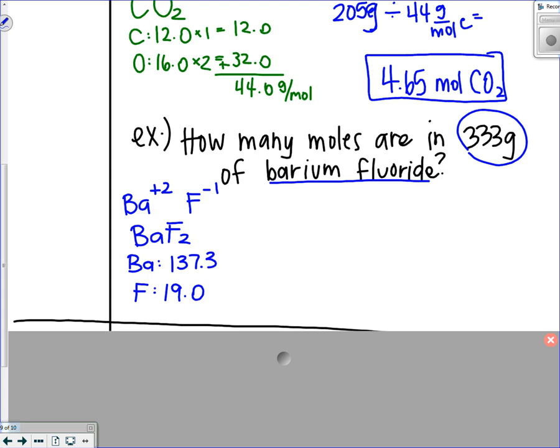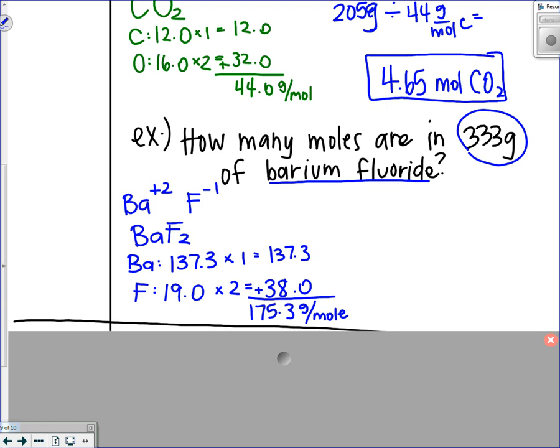Then you multiply that by the number of each of the atoms. We've got 1 barium and 2 fluorines. So this is still 137.3, and then 19 times 2 is 38.0. And we're going to add those up. 137.3 plus 38, we get 175.3 grams per mole.